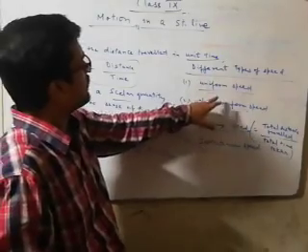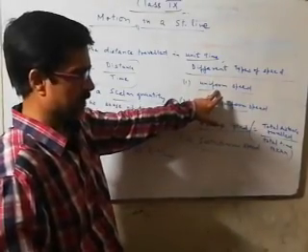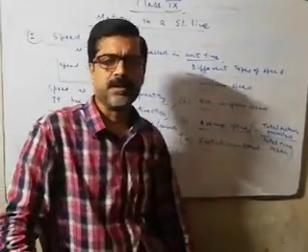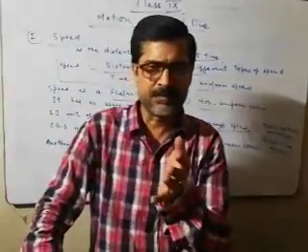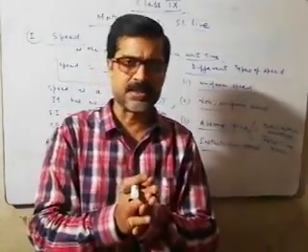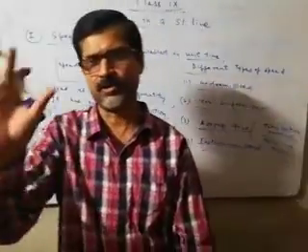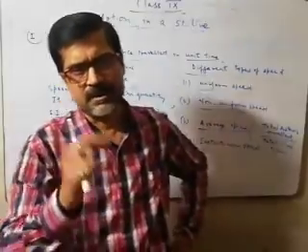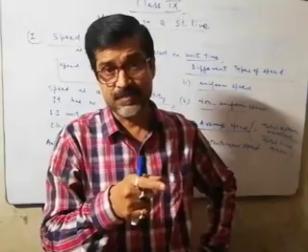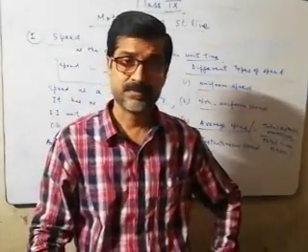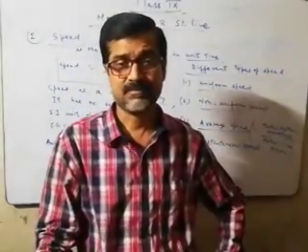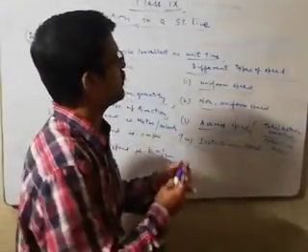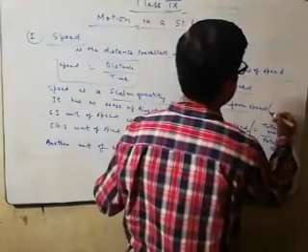Now what is non-uniform speed and what is uniform speed? What is the difference between these two? Uniform speed: if any object is traveling equal distance in equal intervals of time, then the object is said to be in uniform speed. But if it travels unequal distances in equal intervals of time, then it is said to be non-uniform speed or variable speed. It is also called variable speed.